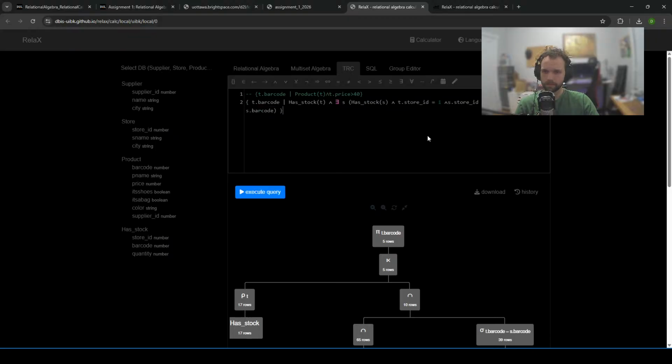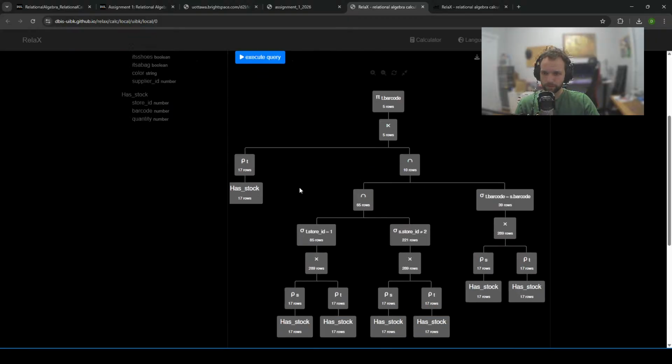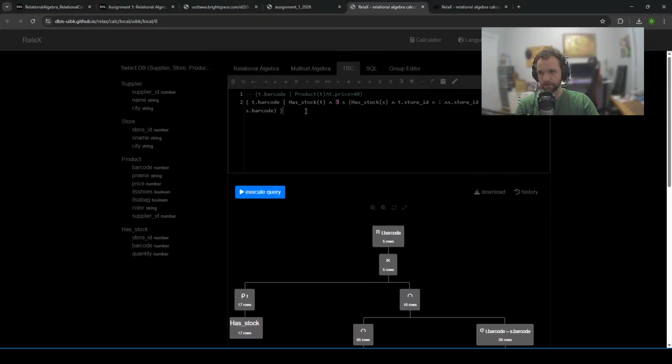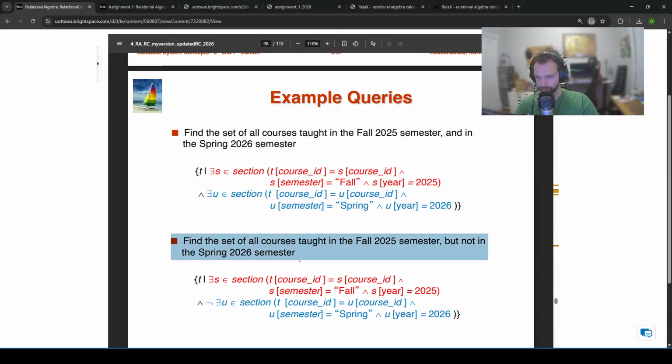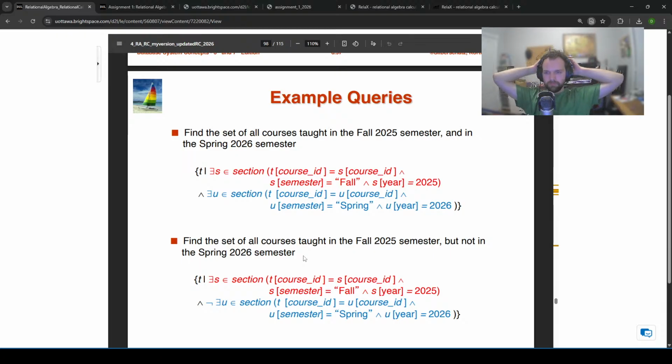And so the store ID has to equal 1. Yeah. This is my answer right here.